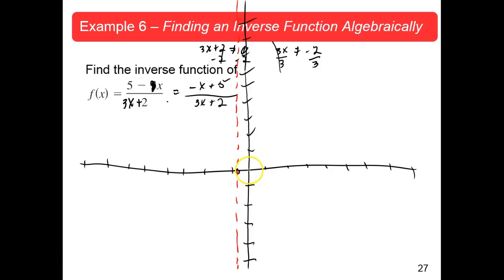Okay. Where is 5/2? 0, 5/2. Go up 2.5, right? 5/2. There's the... what do we call that point?